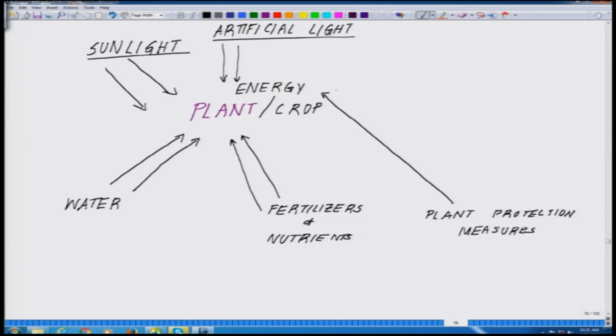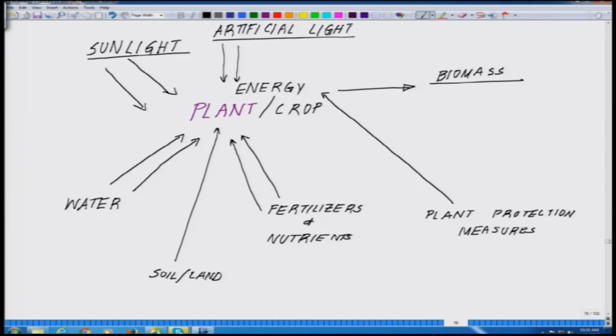After all these things, what is the output? What you are getting is in the form of biomass. Of course, if you are growing it on someone else's land, then you have to pay the soil or land charges.